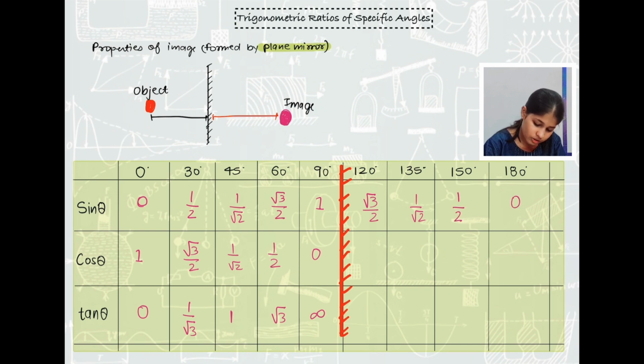It will be 0. Now see, in the case of cos theta, 1 by under root 2. ठीक है? फिर third number, under root 3 by 2, and this will be 1. This will be under root 3. ठीक है? This is also 1 upon under root 3, 0.